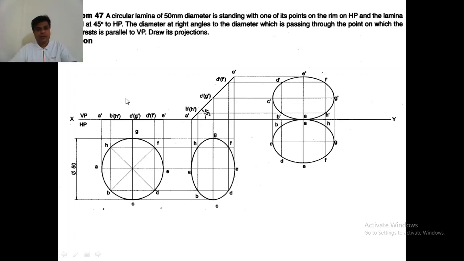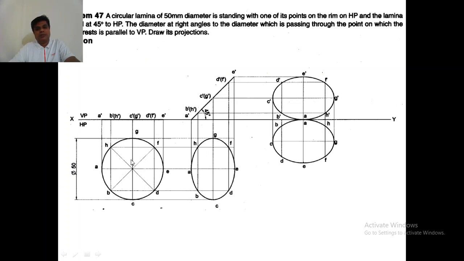I told you the conditions will be the same except that the plane is circular. The next condition is that the diameter at right angles to the diameter passing through the point on which the lamina rests is parallel to VP.